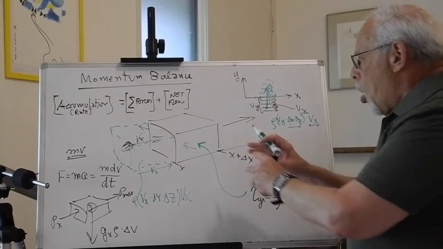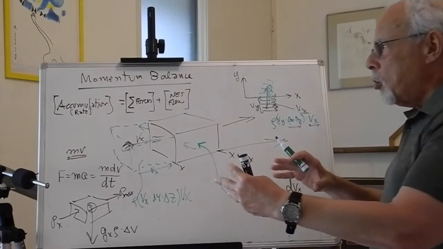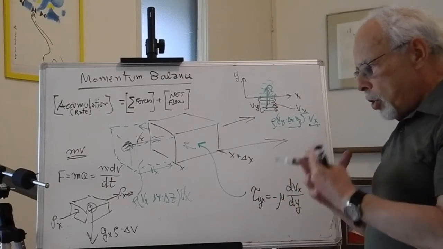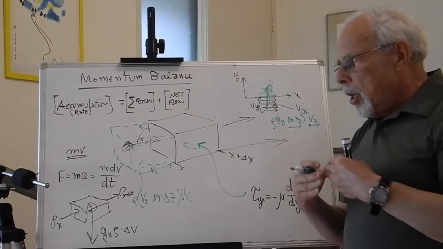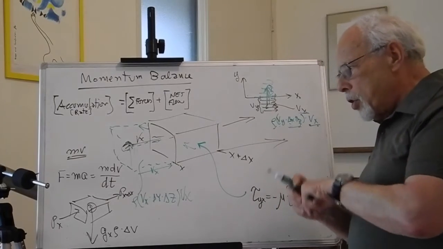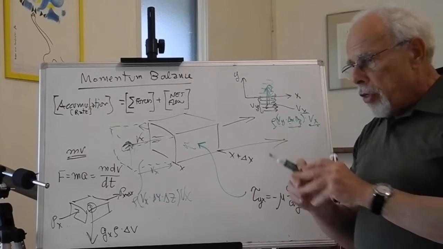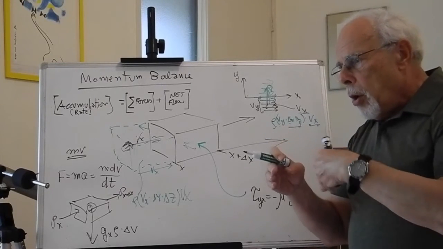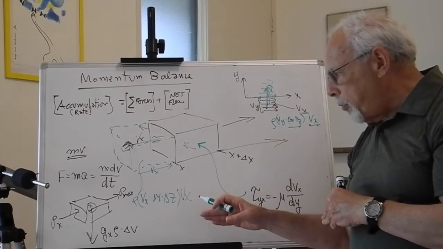Now, all this is how momentum goes on a macro level. But as we know from the definition of the essence of fluid, we have the momentum that transfers on the molecular level, like we have seen before.